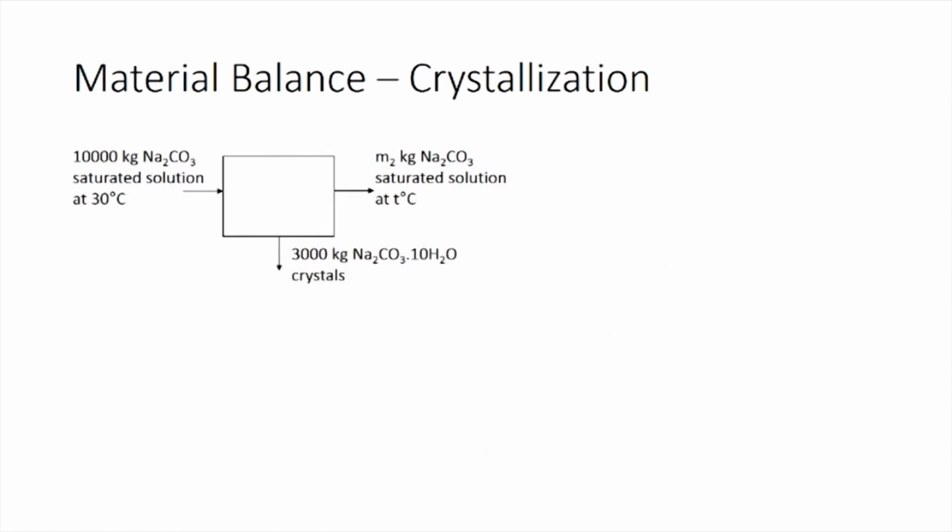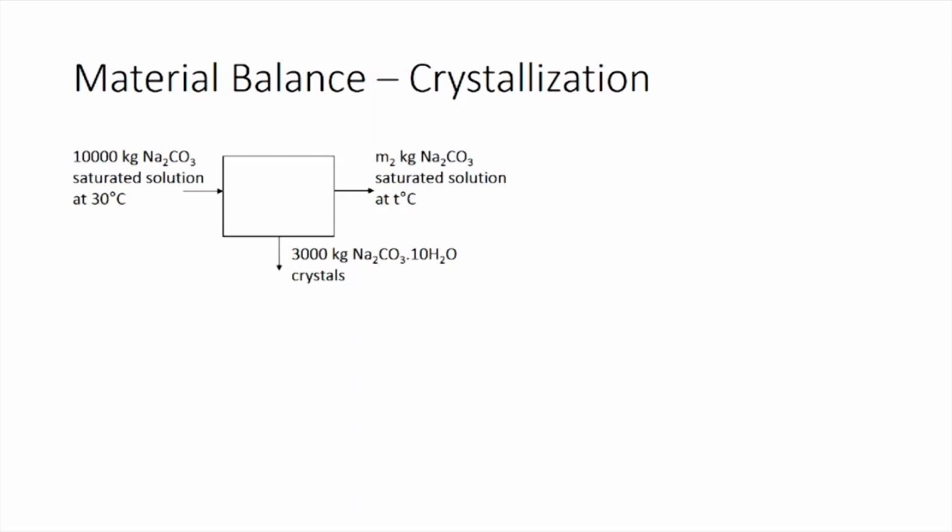Now that we have drawn the flow chart and identified the basis, let us look at solving this problem. There are a few things which we need to understand clearly. We have been told that 10,000 kilograms of saturated solution of Na2CO3 is entering the crystallizer. First, we need to know the mass fraction of Na2CO3 in the saturated solution. For this, we can use the solubility data.